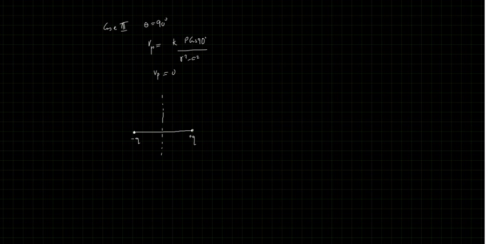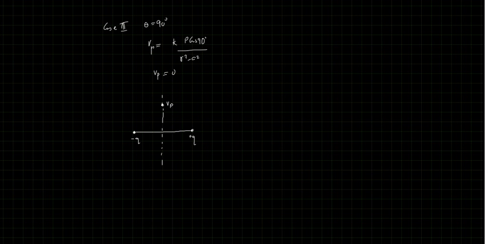Next, let us see case 3, the third case. When theta is 90 degrees, Vp would be equal to K P cos 90 by R square minus A square. But cos 90 is 0. That means Vp is 0. What does this mean? It means the electric potential on the equatorial line is 0.